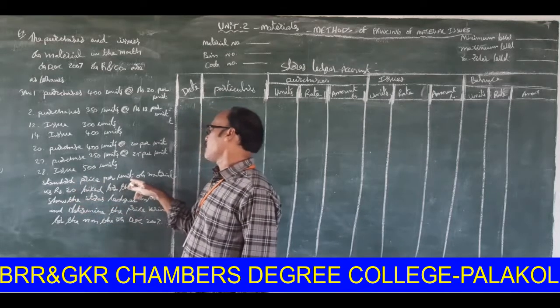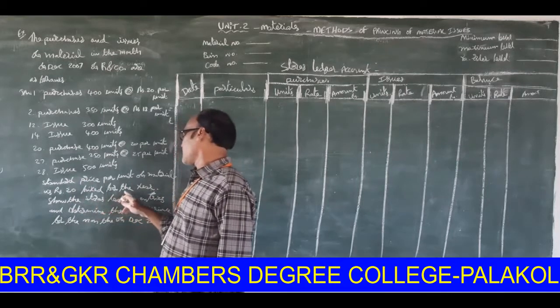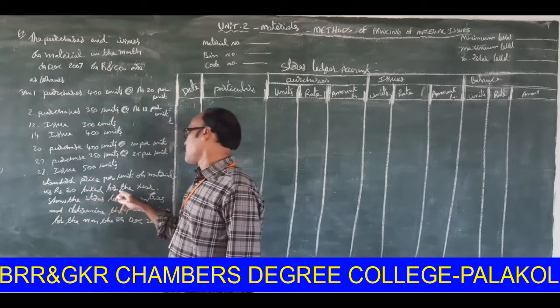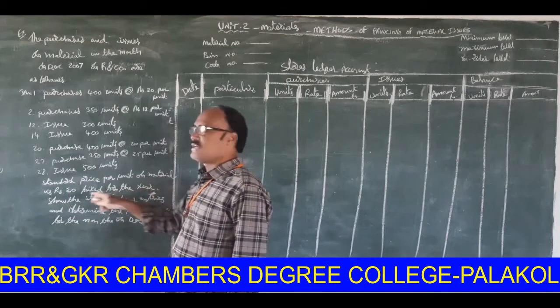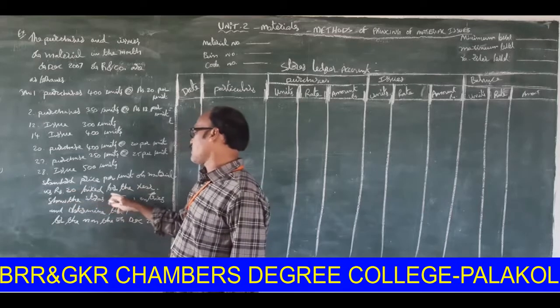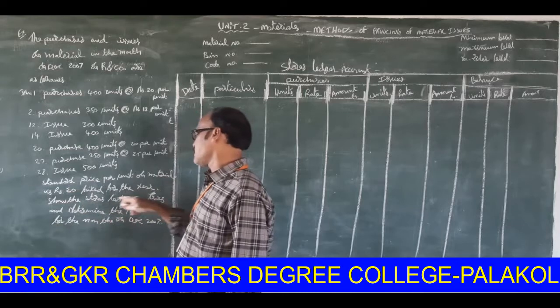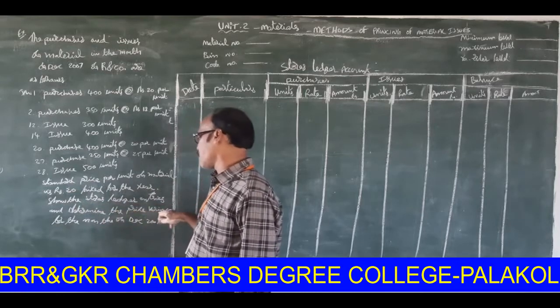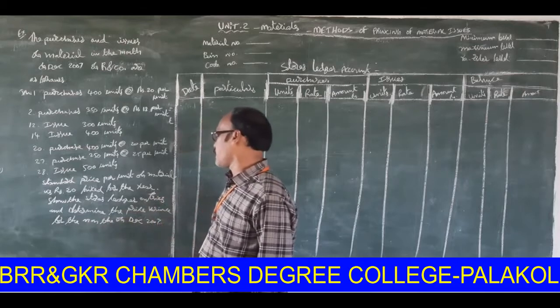Standard price per unit of material is rupees 20, fixed for the year. Show the store's ledger entries and determine the price variation for the month of December 2007.